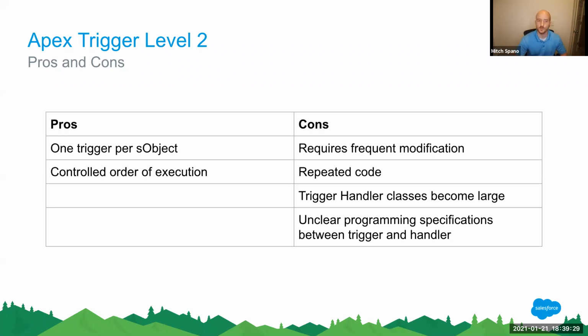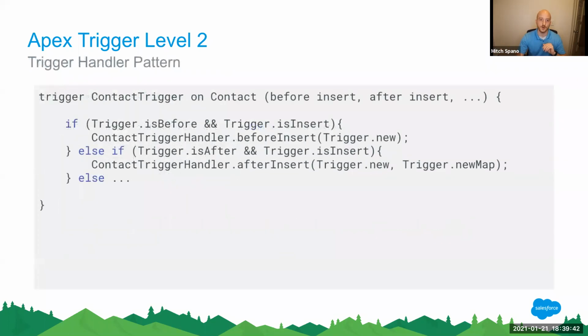And then there's also one thing about this level 2 that I don't hear discussed too frequently, which is that there are unclear programming specifications between the trigger and the handler, right? So in this case, if I wrote after insert to say, okay, give me the new list and then the new map on the contact trigger, I could say, give me new map and then new list on the account trigger.